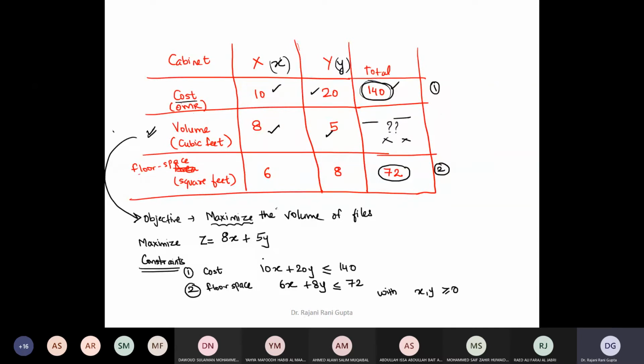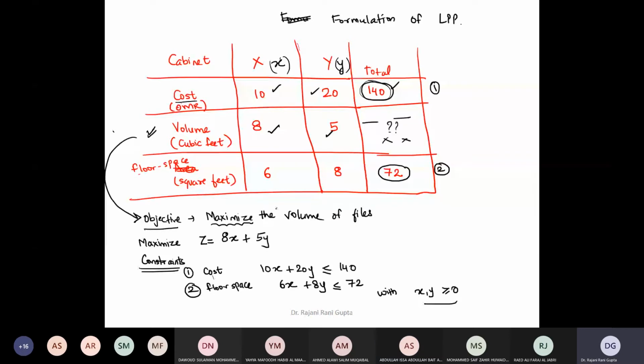So this is the objective function, subject to the constraints, with the non-negativity restriction. This is nothing but the formulation of the LPP. I hope it is clear now. Yes, it's clear. Okay, good.